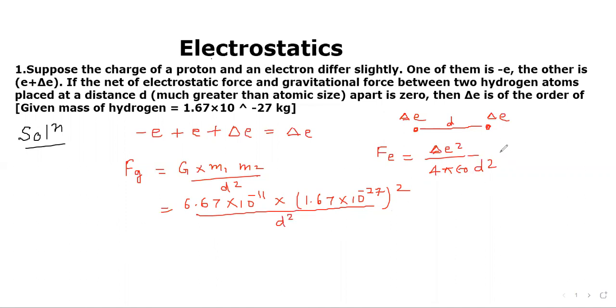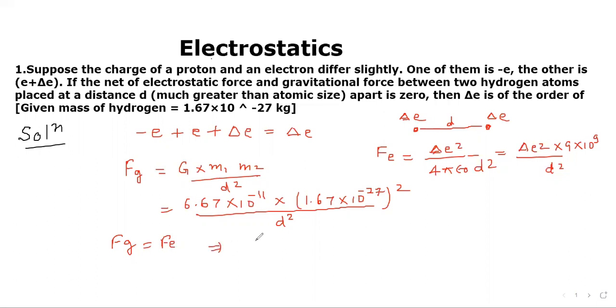Now Fe will be delta e square into 9 into 10 power 9, due to 1 upon 4 pi epsilon naught, divided by d square. It is given that net force is 0, that is Fg must be equal to Fe.